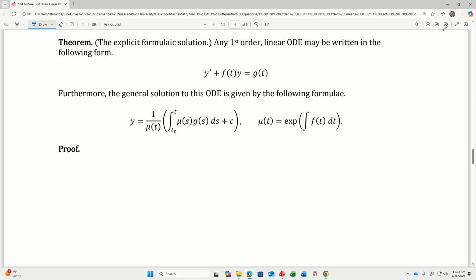And if I do this, then I would think to myself, I want to introduce an integrating factor, call it mu of t, where I multiply this entire equation by mu of t.